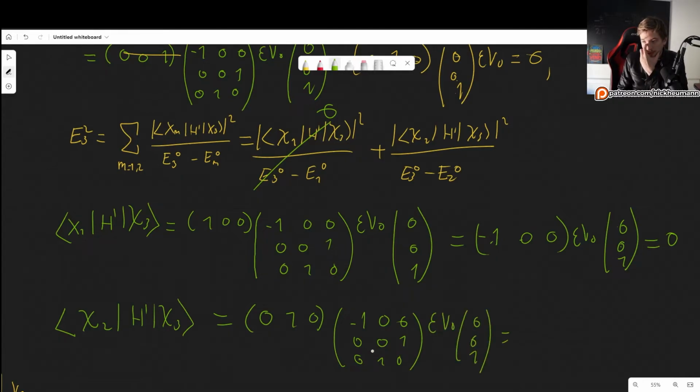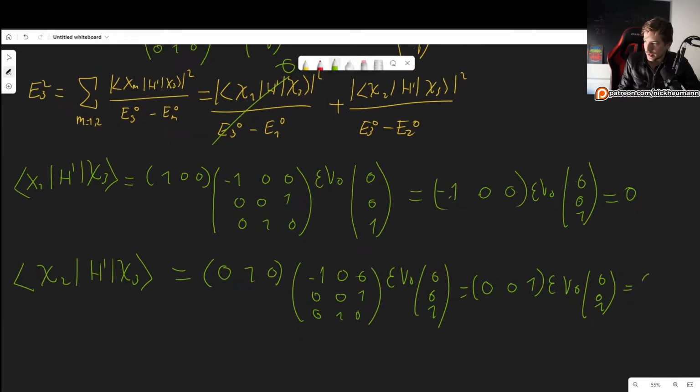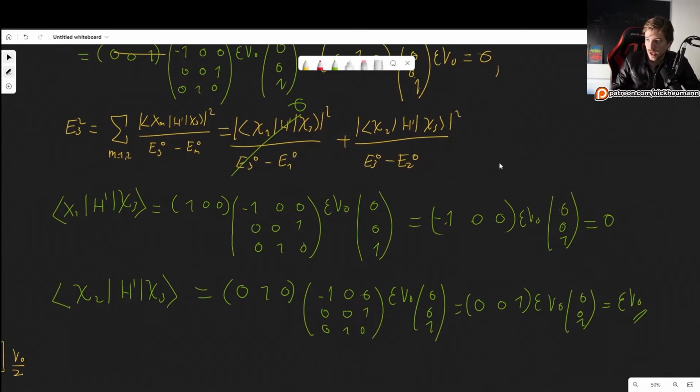By multiplying these two, this times this gives us 0, this times this gives us 0, and the only one that doesn't give us 0 is that last one. So we get 0, 0, 1 times epsilon V0 times 0, 0, 1. So this thing, as you can see, gives us epsilon V0. We have that, but we still need these two energies. So let's plug it in and we'll find them immediately.